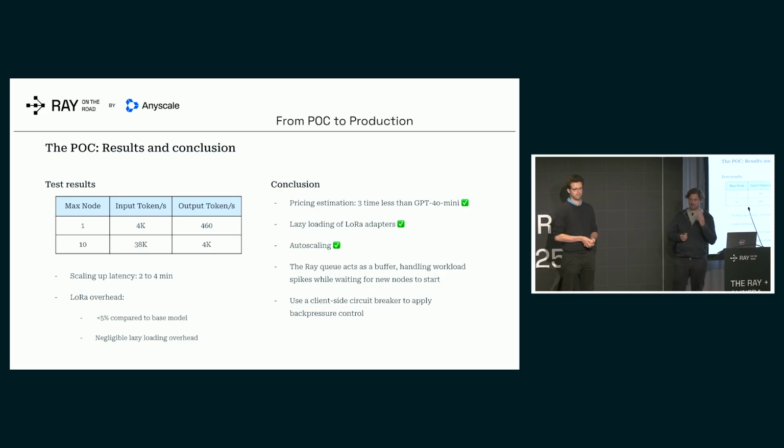Then later, when we made more tests, we also added a client-side circuit breaker to make a back pressure mechanism when the workload became really too high, even for the Ray queue.